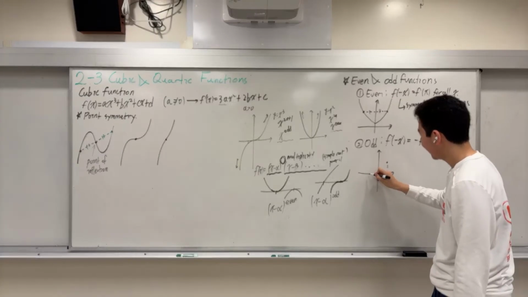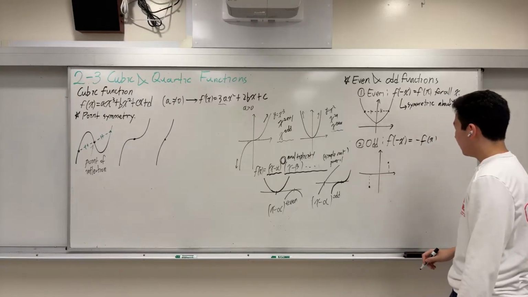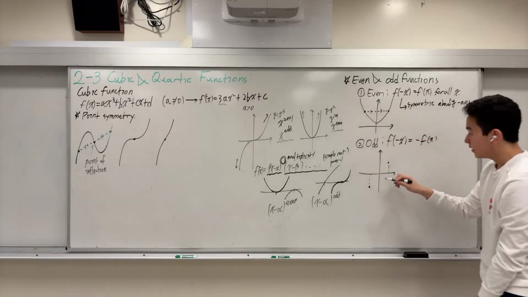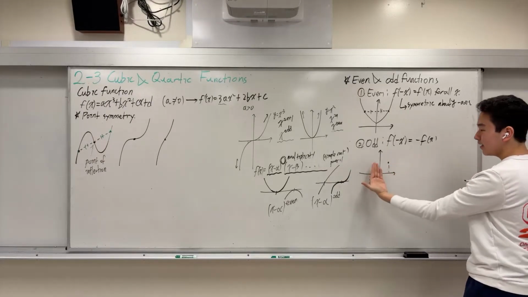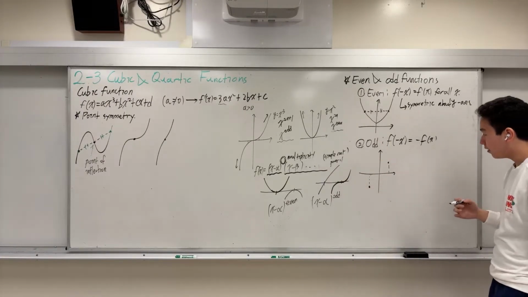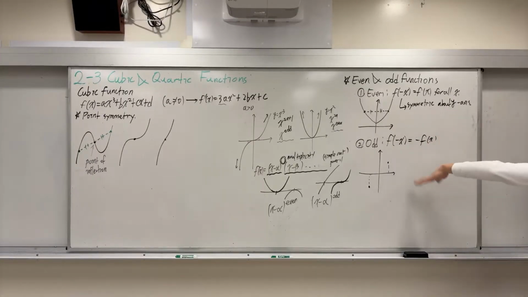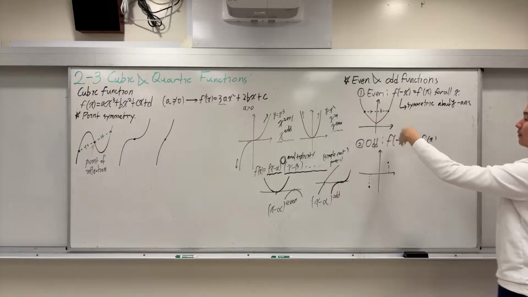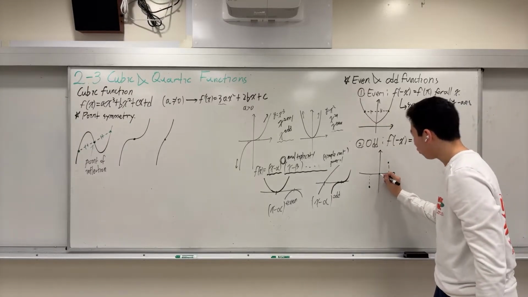It should switch signs. So that means we should have a point over here. So for every point, we should have a reflection against the y-axis and a reflection against the x-axis as well. If you remember in transformations, if you flip about the y-axis and you flip about the x-axis, that means that you're symmetric about the origin point.